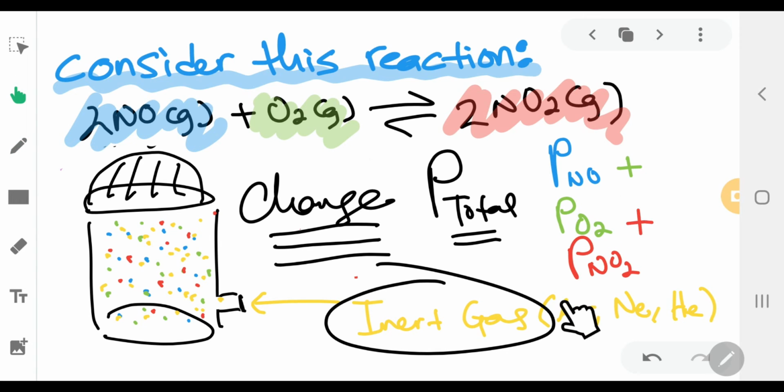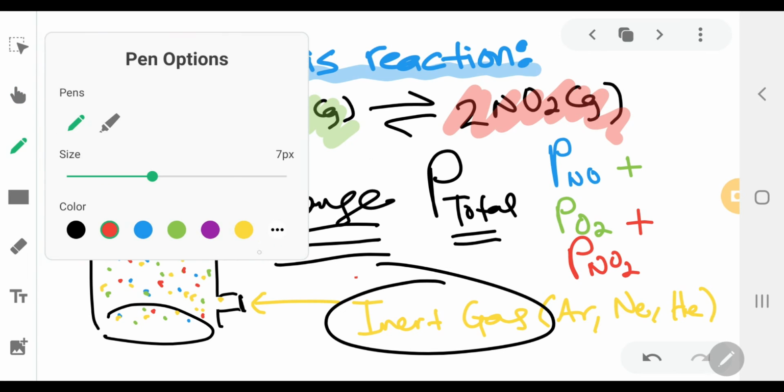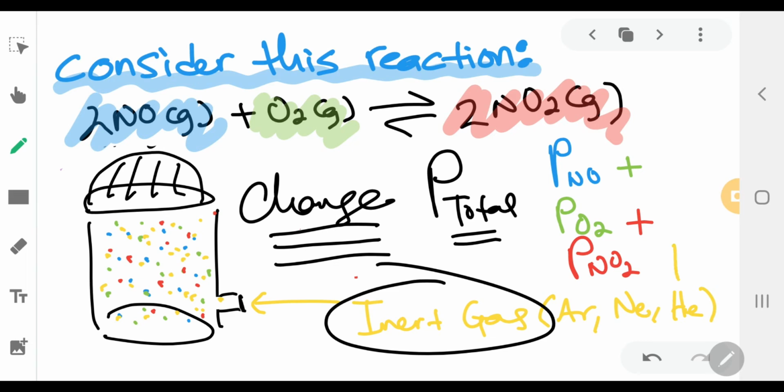Before we add inert gas, the P total will be the summation of all of these partial pressures at equilibrium. But when you start to put inert gas, the P total now would be affected by the partial pressure of the inert gas. Okay, so that is the only thing that will be changing over here, the total pressure in the closed system when you start to add inert gas.